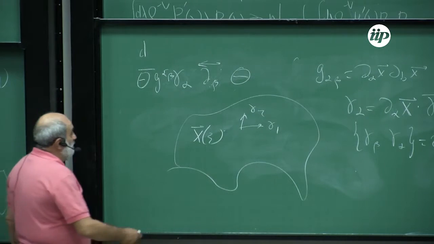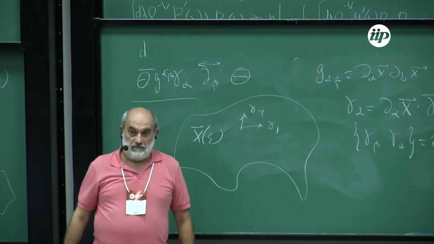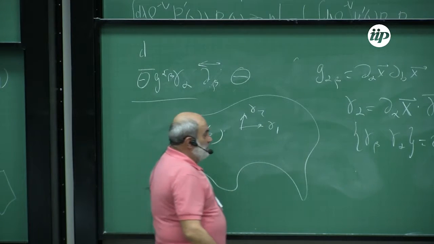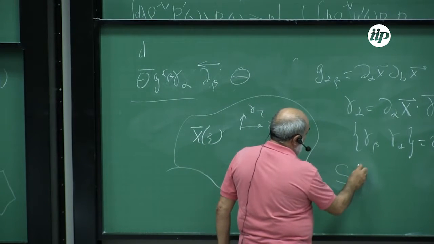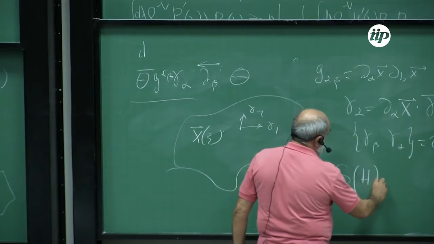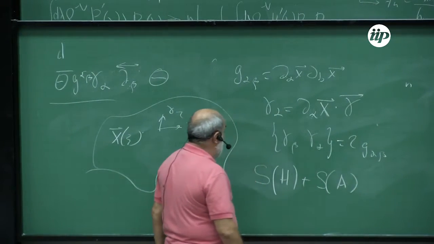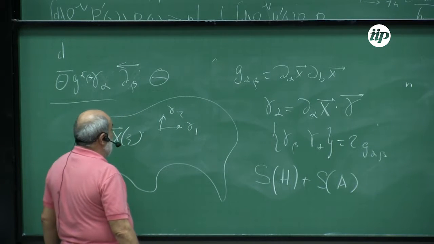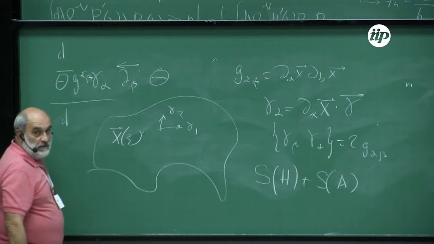So if you now calculate the effective action of this theory, besides the Liouville term, you will get two other terms, S_H plus S_A, where H is, so we have a d-dimensional space.